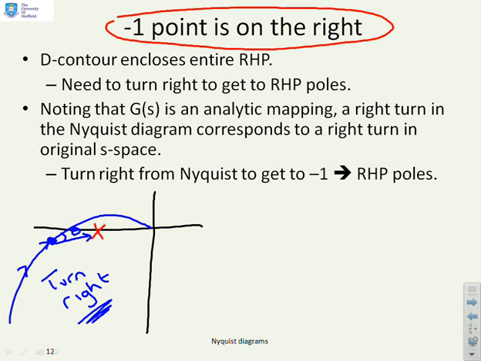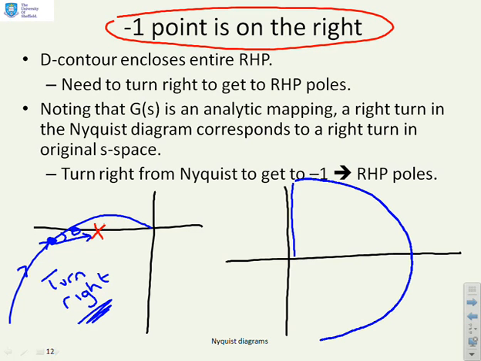Now let's look at my D contour that corresponds to this plot. Okay, so if I put in my D contour, here it is. I'm going to be a bit crude because it's not particularly important. Now, what we've got to do is take the specific point we're interested in, which is this point here, and let's say that corresponds to this omega here.